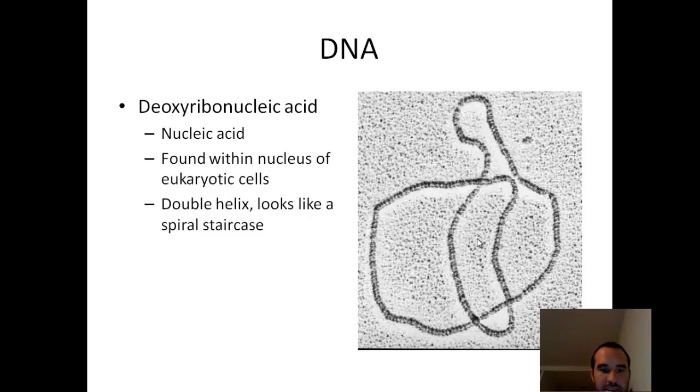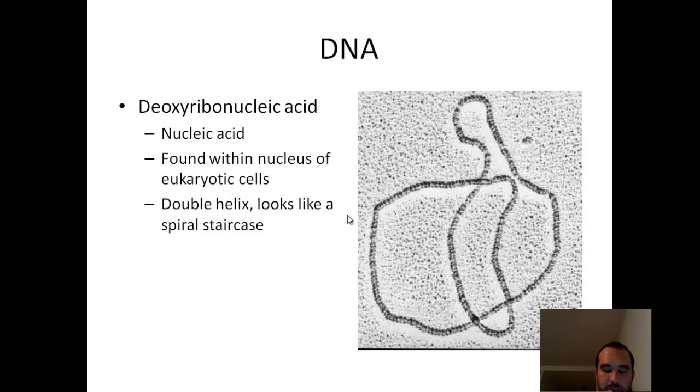So it's a nucleic acid found within the nucleus of eukaryotic cells. If you remember prokaryotes, it's actually a picture of a prokaryotic cell. In prokaryotes, the DNA is circular and it's just floating around in the cytoplasm. And the shape of DNA is a double helix that looks like a spiral staircase.